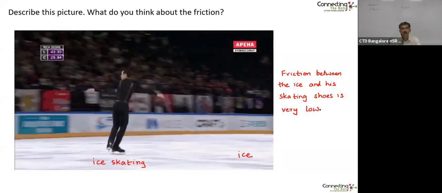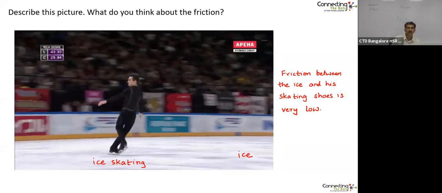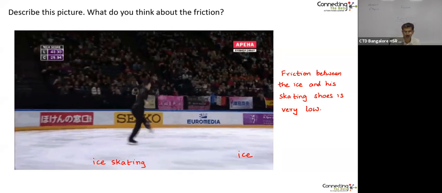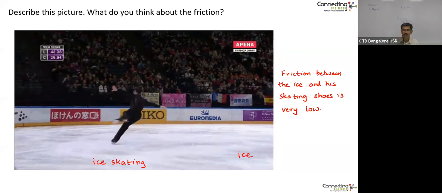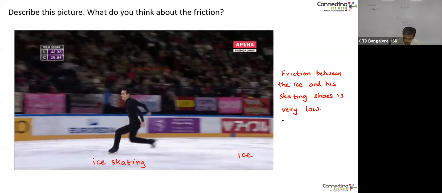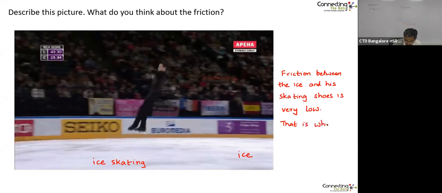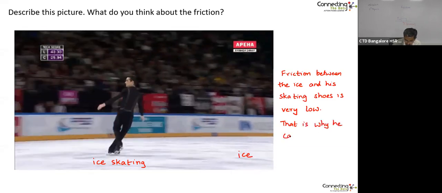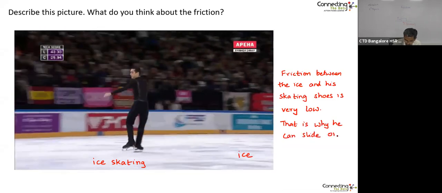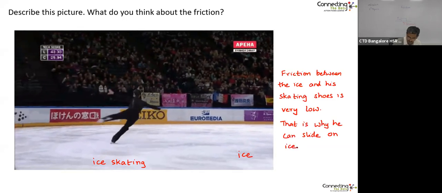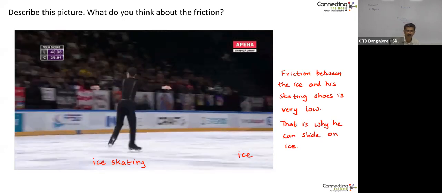So there is very little friction between his, you look at his shoes, the kind of special skating shoes he is wearing. And remember, he is on an icy floor, it's covered with ice. So the friction is very low. That is why he can slide so easily on ice. The friction is very low, and that is why he can slide like that on ice.